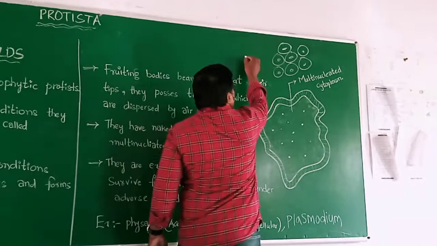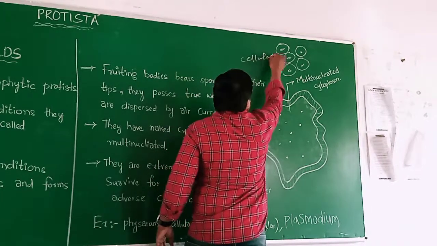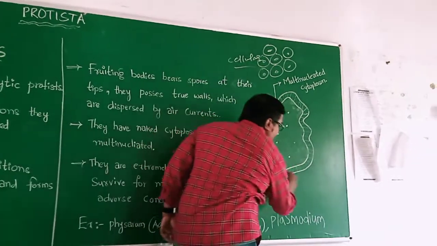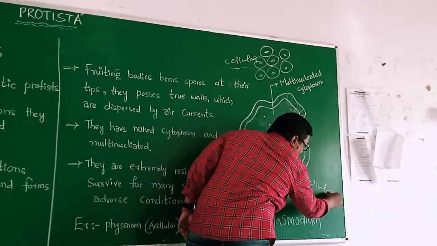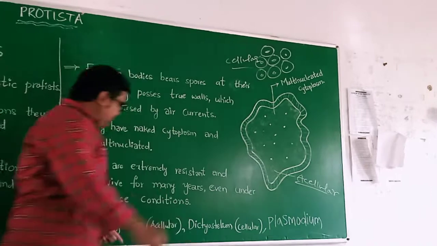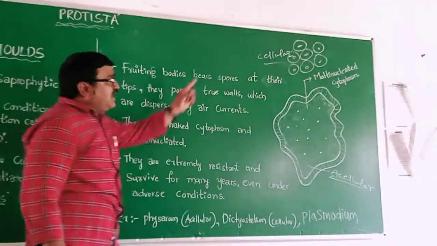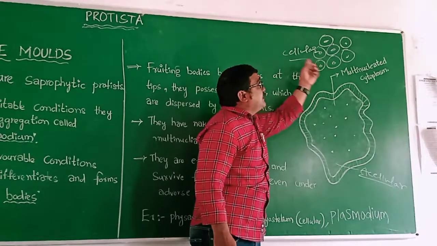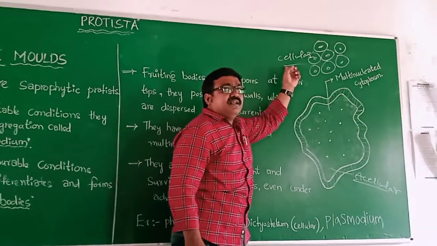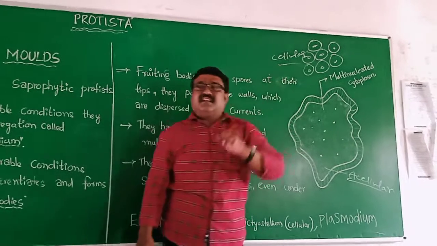For the acellular form the example is Physarum, and a wall-less group of amoeba-like cells is the cellular structure of slime molds.